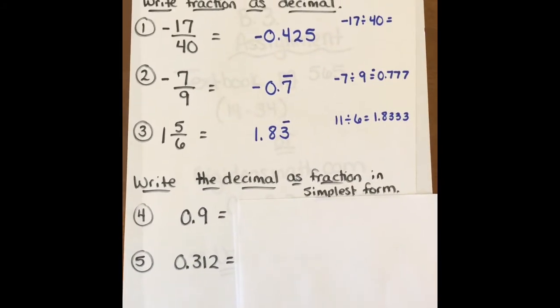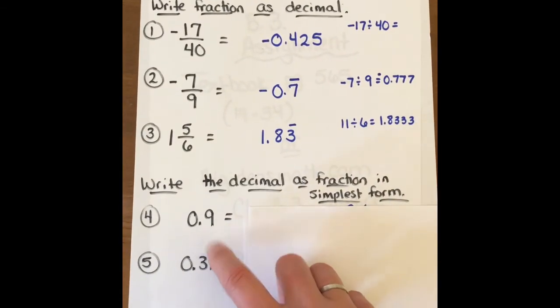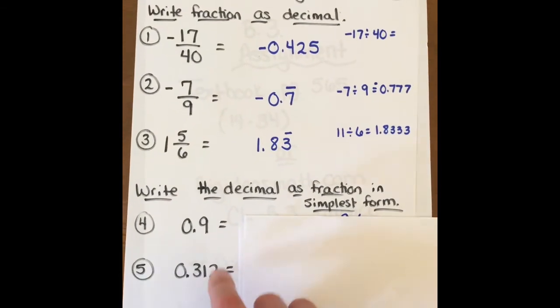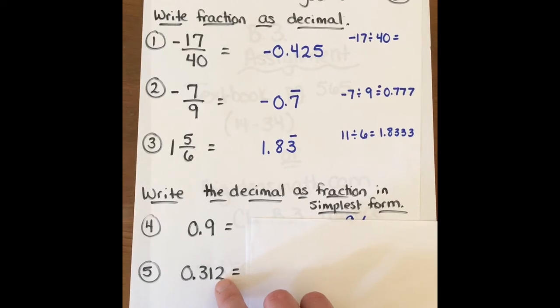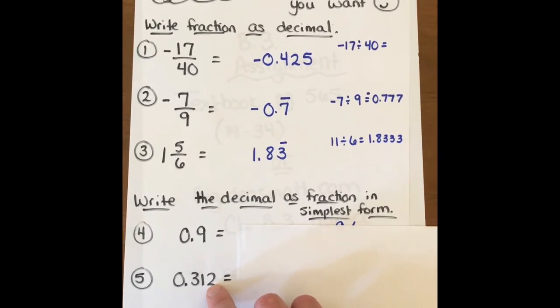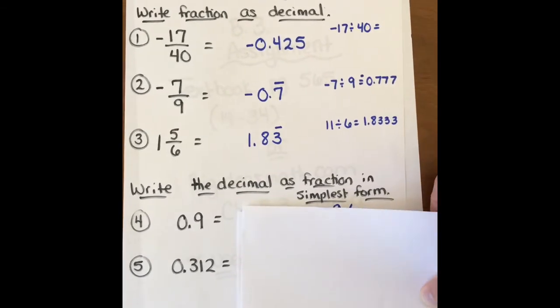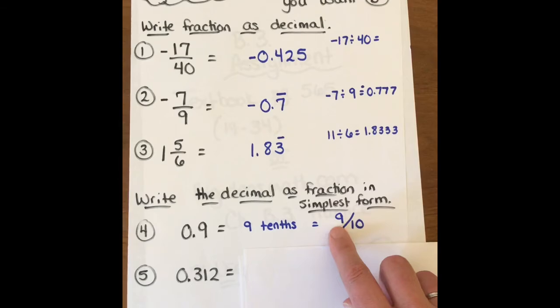Write the decimal as a fraction in simplest form. So we have 0.9 and we have 0.312. Think of place value for these. So this is 9/10ths and this is 312 thousandths. Pause the video if you need to, otherwise I'm going to go through the answers. 9/10ths would be exactly that, 9/10ths.